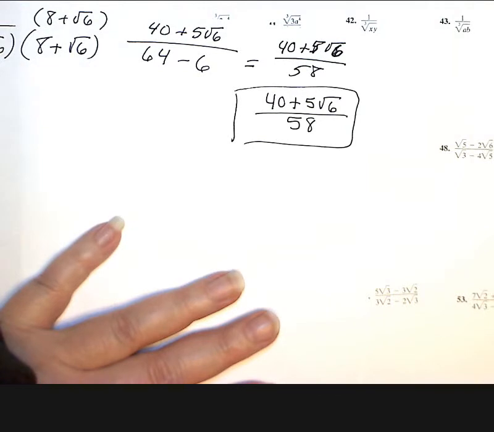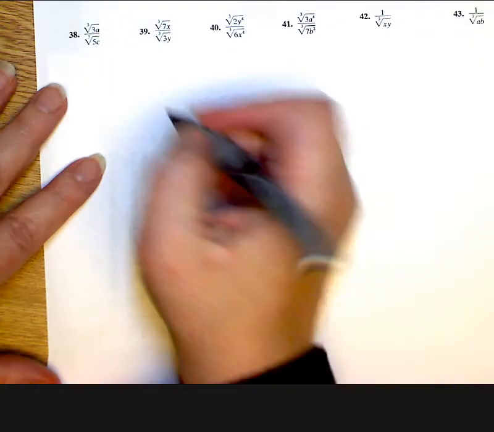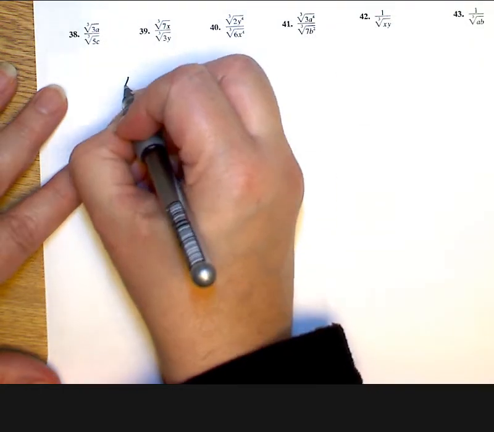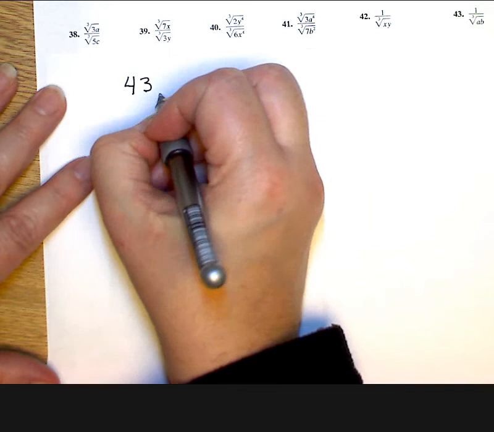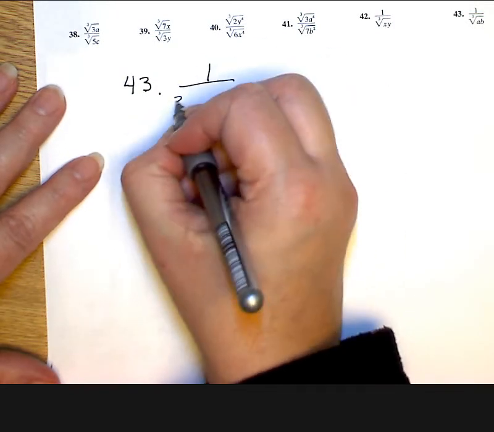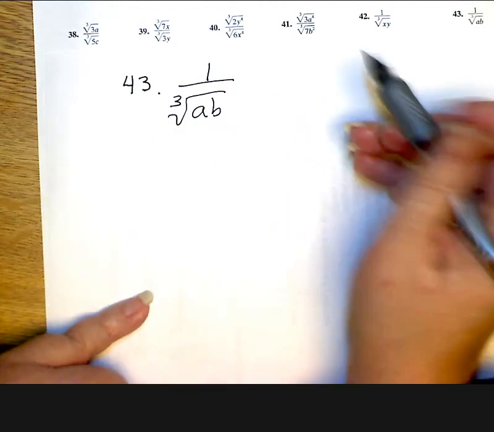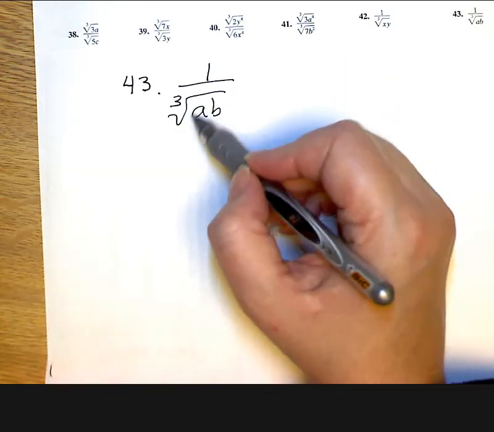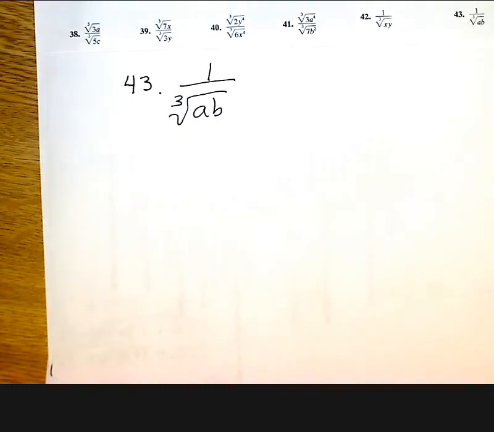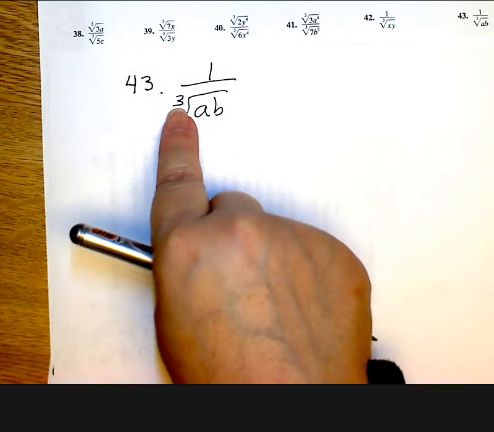43. All right, so we have 1 over the cube root of AB. When you're talking about variables, to be a perfect cube, remember, it has to be divisible by the 3.